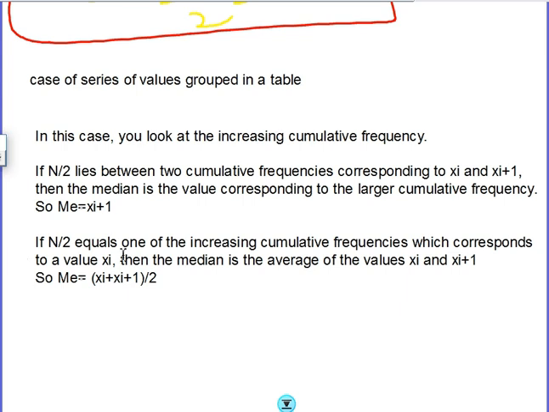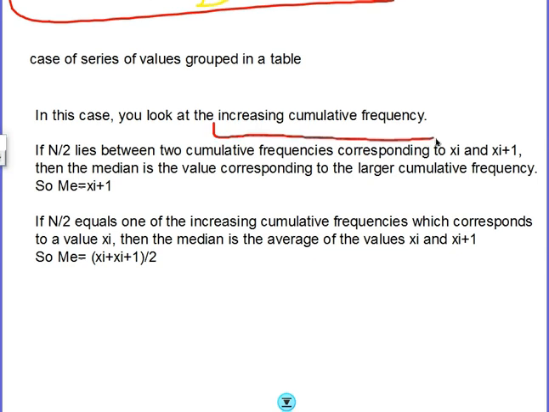So now we'll move on to the case where the series of values are grouped in a table. In this case, if they are grouped in the table and you want to find the median, you look at the increasing cumulative frequency. So you have to find the increasing cumulative frequency. Then you do n over 2, and we said it's the total frequency.